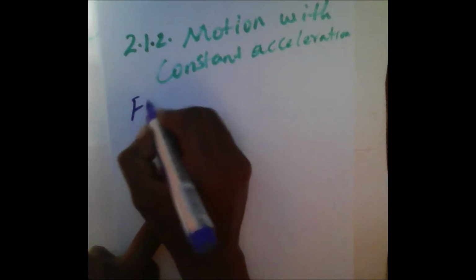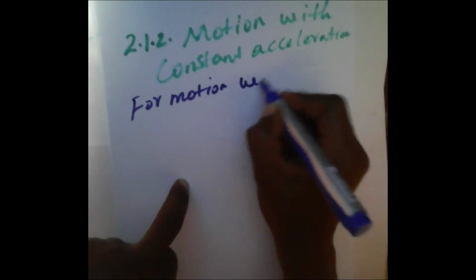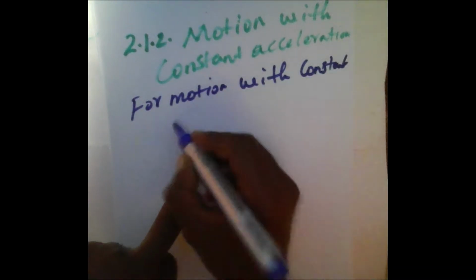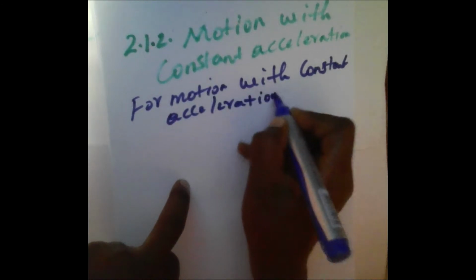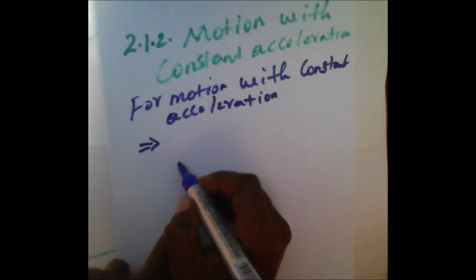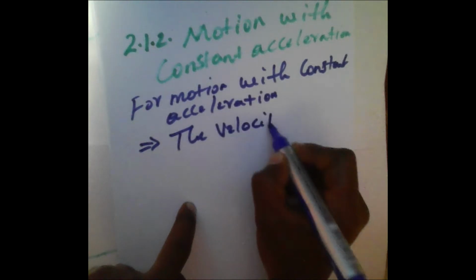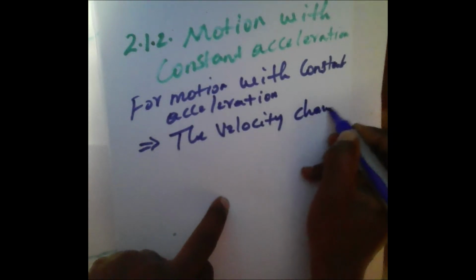We know that for motion with constant acceleration, one thing that you need to consider is the velocity, speed per direction, changes.